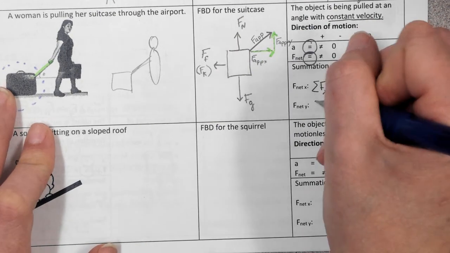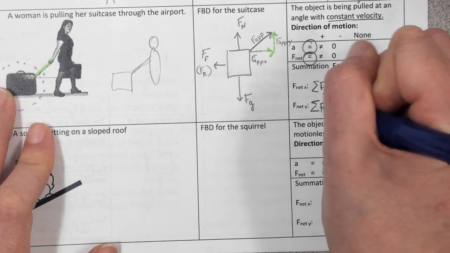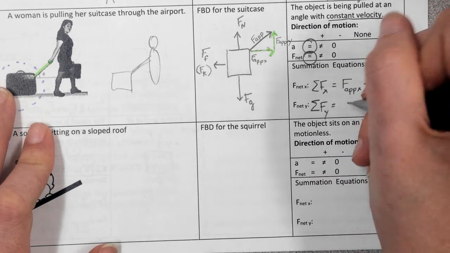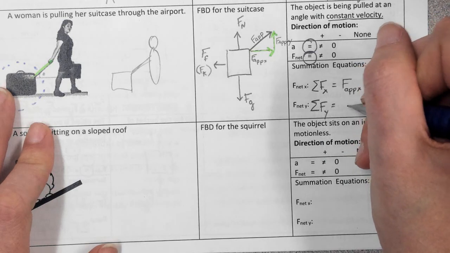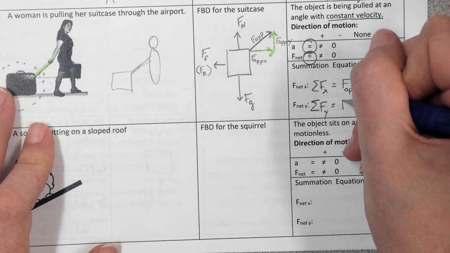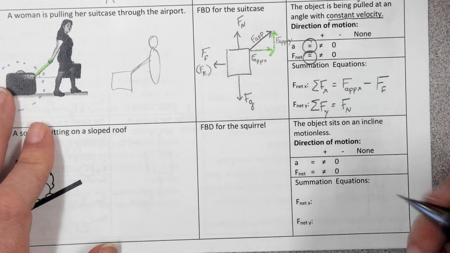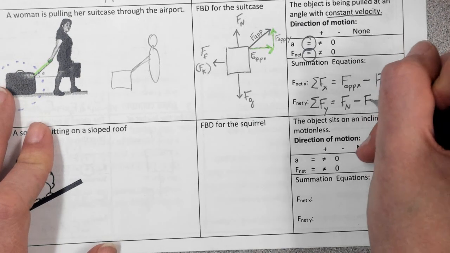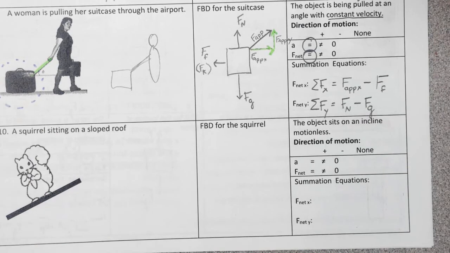In the y direction, what do we have? In the y direction, we have the normal force minus the force of gravity. Is that it? Plus the applied force.